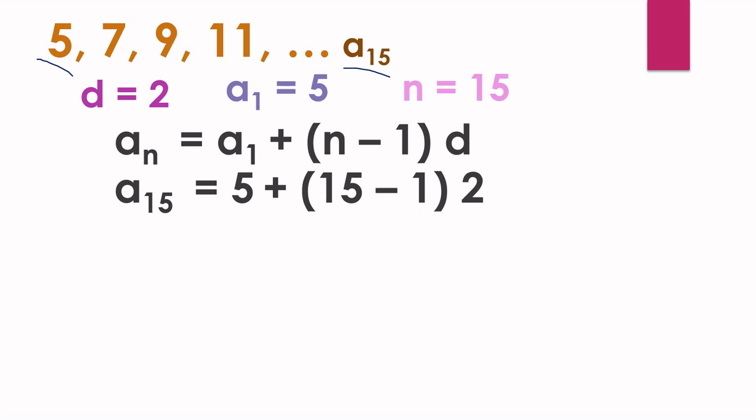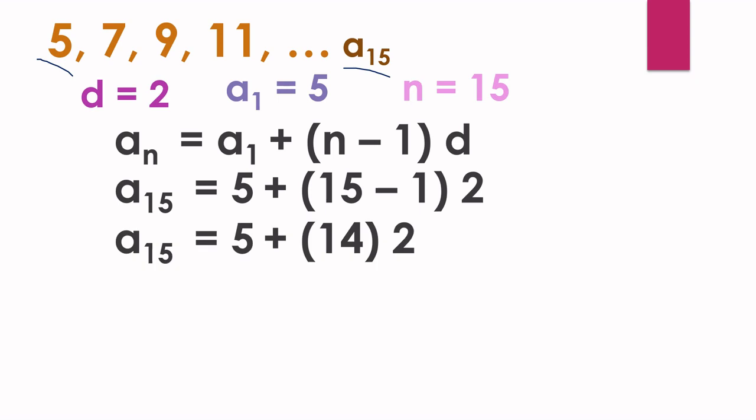We simply substitute the given data to the equation. Therefore, we have a sub 15 equals 5, that is the first term, plus 15, the term we are looking for, minus 1, times 2, which is the common difference. So, 15 minus 1 is equal to 14.